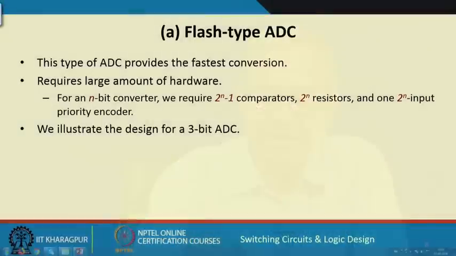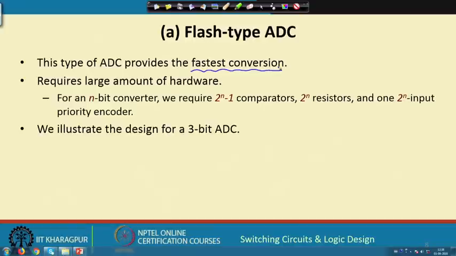It provides the fastest conversion, but requires a large amount of hardware. Suppose I have an n bit AD converter, I need 2 to the power n minus 1 comparators, 2 to the power n resistances and one priority encoder of length 2 to the power n. Let us talk a little bit about this.